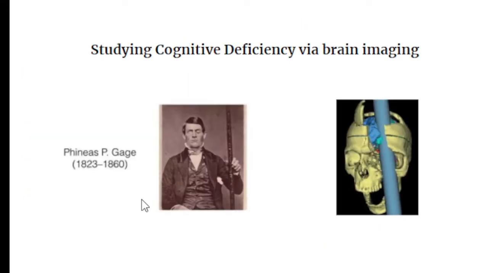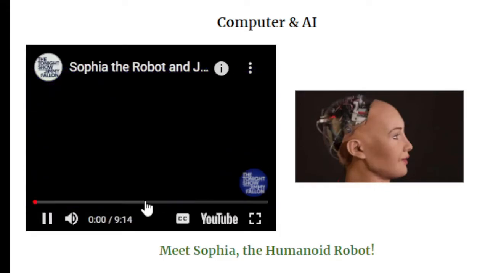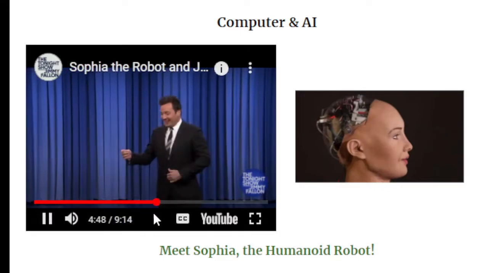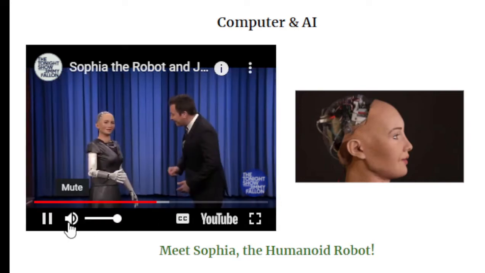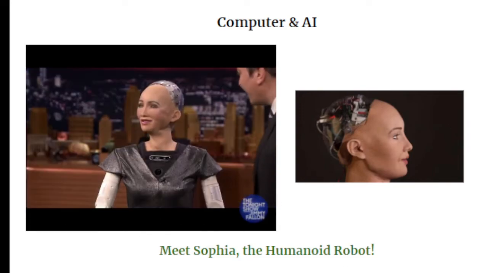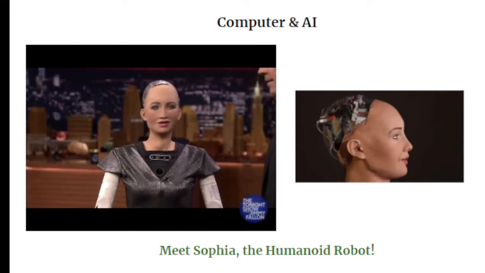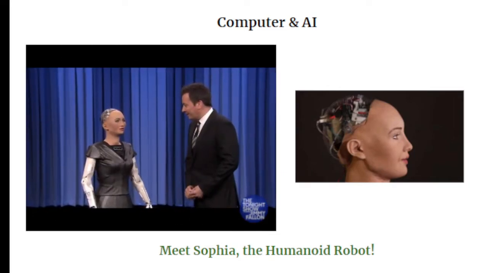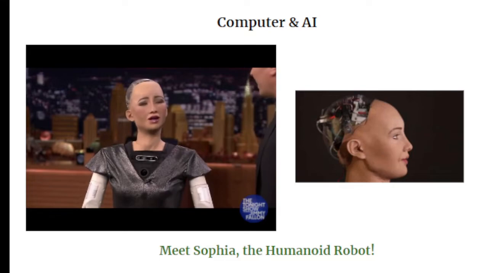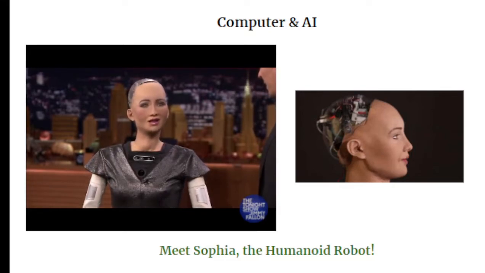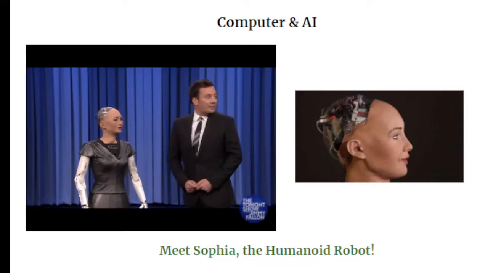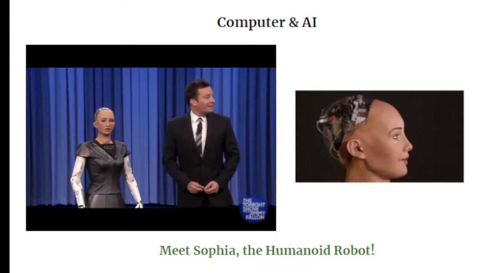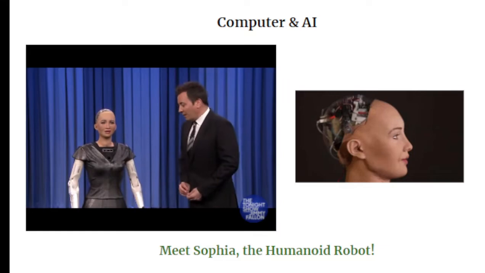Hello, Sophia. Hello, Jimmy. Long time no see. You were on the show before. It has been exactly 575 days since I last saw you. What have you been up to?